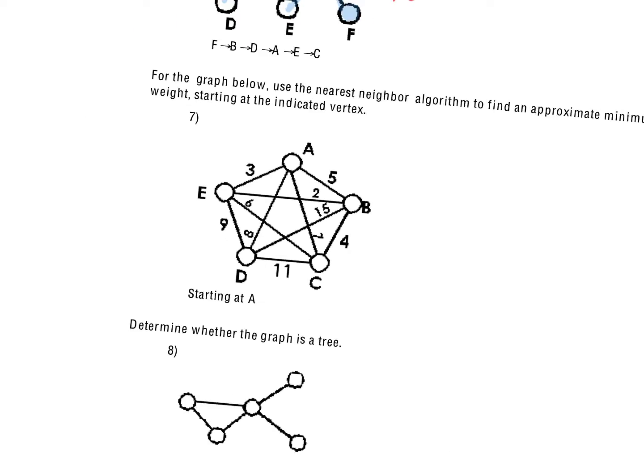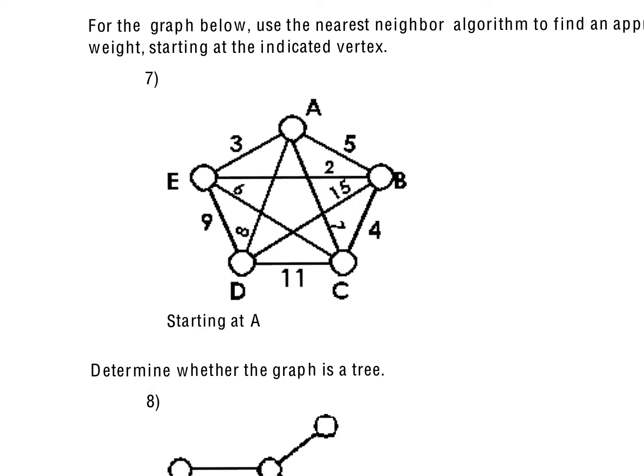So here we're starting at A. Okay, so to do this, we're going to start at A and look at the edges that are touching A. So we could go possibly 3 from A to C, which is actually this 7 right here, or 5. So we're going to go A to E, which is 3. That's the smallest of the 3 options. Or I didn't even see this 8 right here, going A to D. But the smallest path is A to E, which is 3.